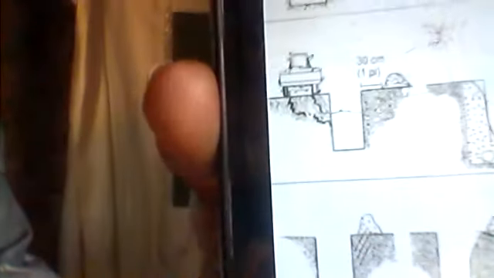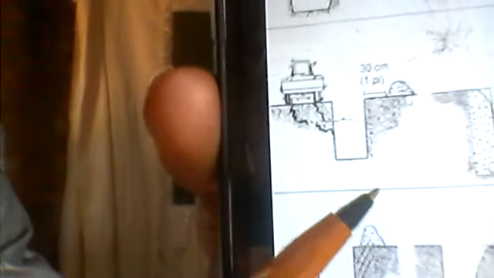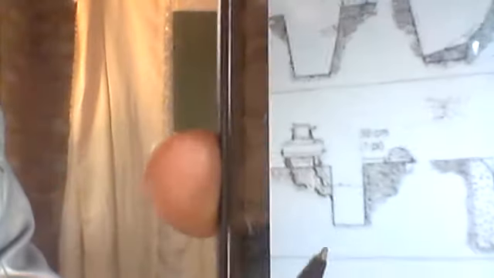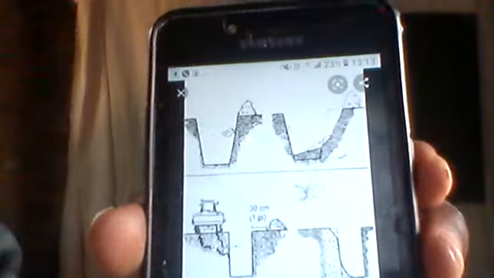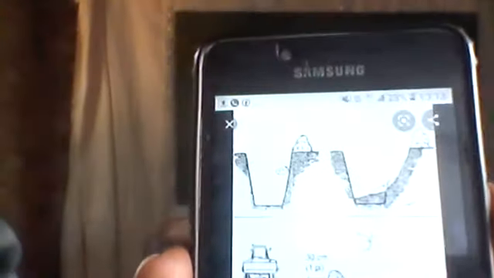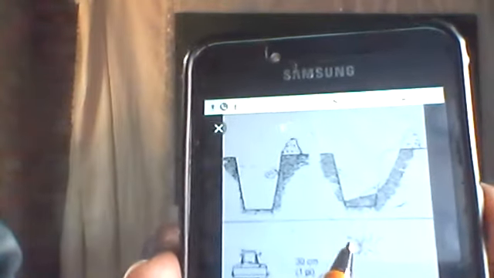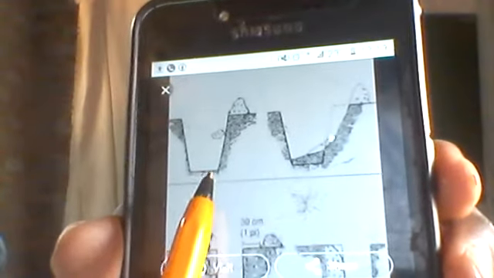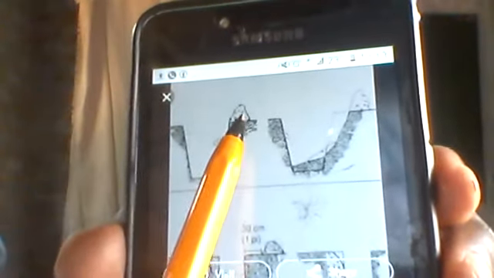Ladies and gentlemen, I don't know if this one is clear, but I think it's clear. The risk of collapse is, this is the trench, the trench from the bottom to the natural ground level.